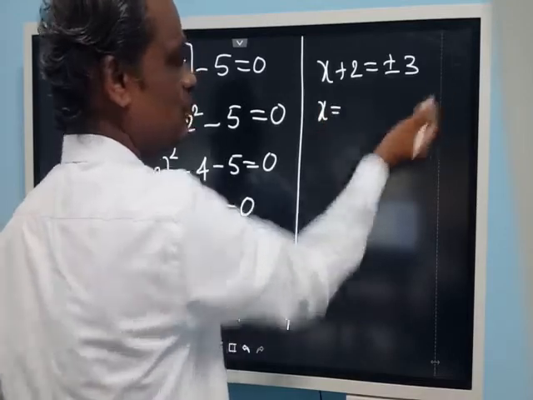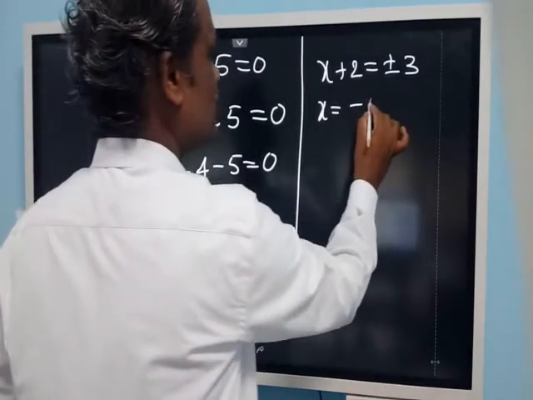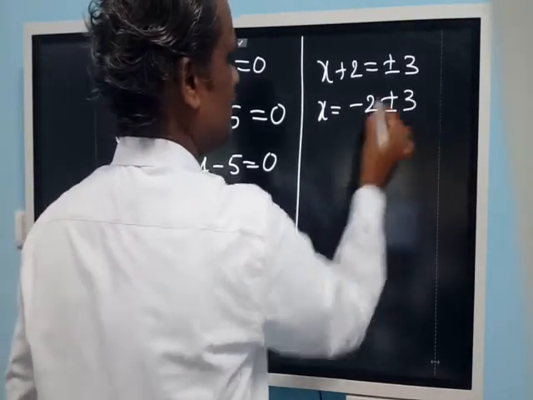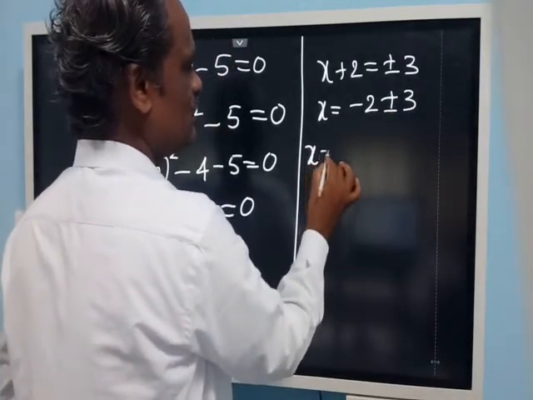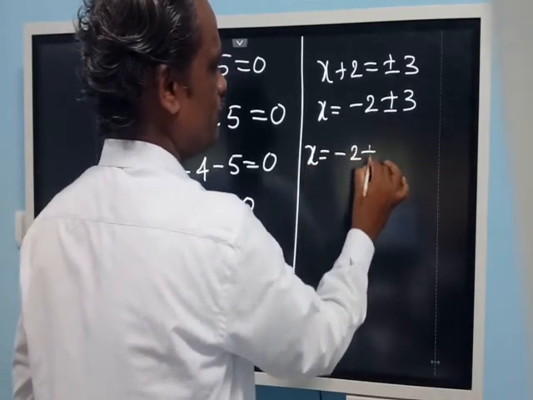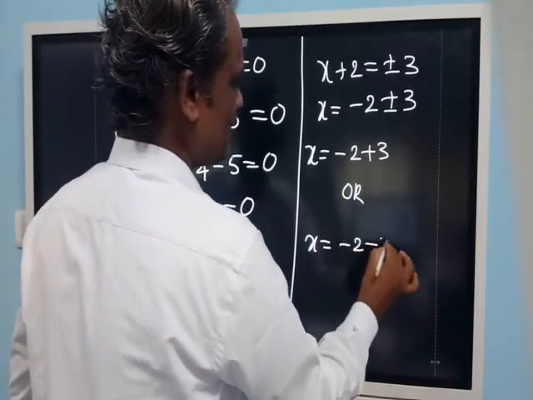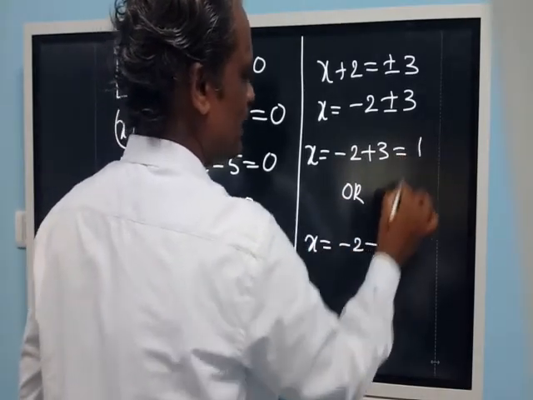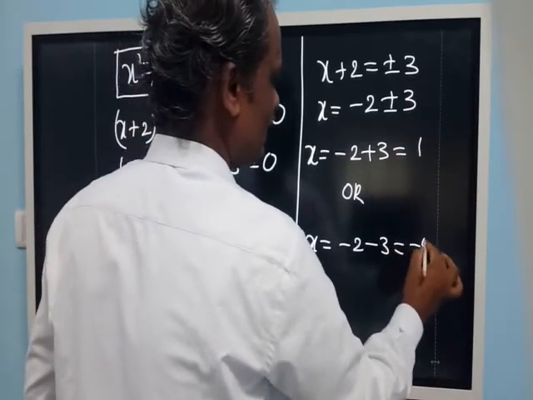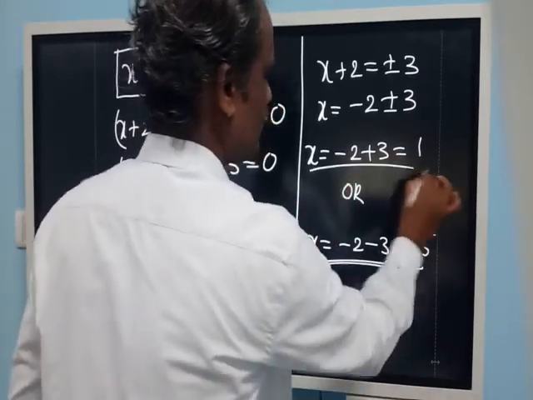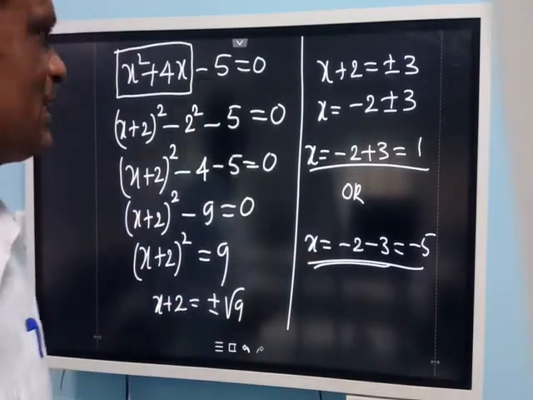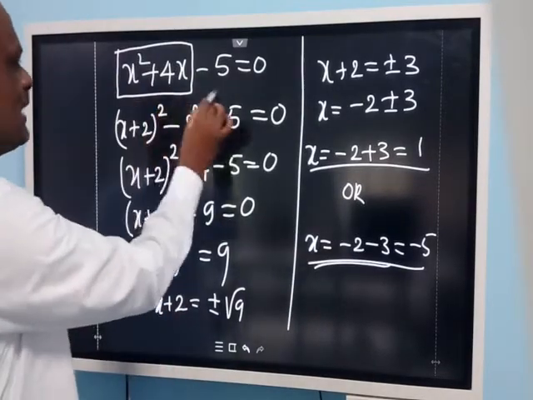You transfer 2 to the right side, x is minus 2 plus or minus 3. So we got two values: x is equal to minus 2 plus 3, or x is equal to minus 2 minus 3. This will give you plus 1, this will give you minus 5. So these are the roots of this quadratic equation, x square plus 4x minus 5.